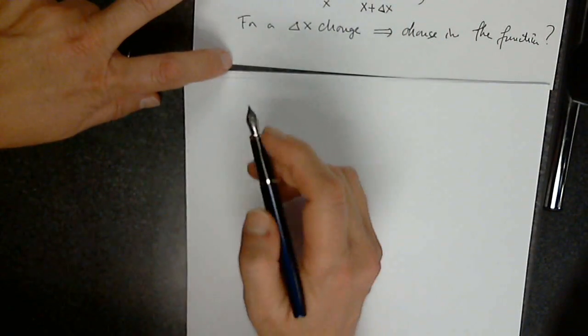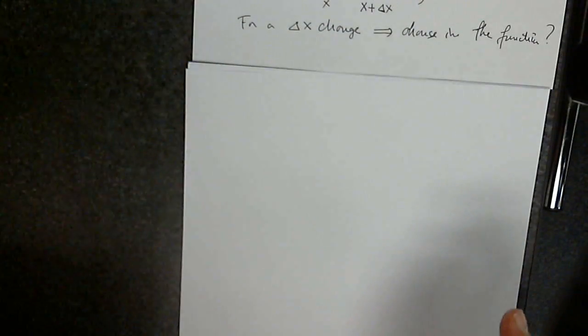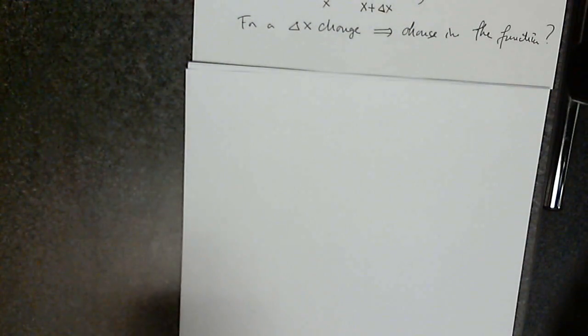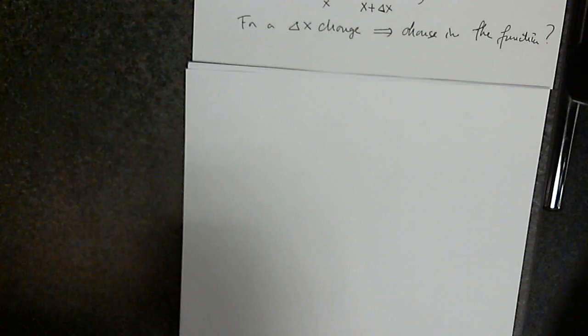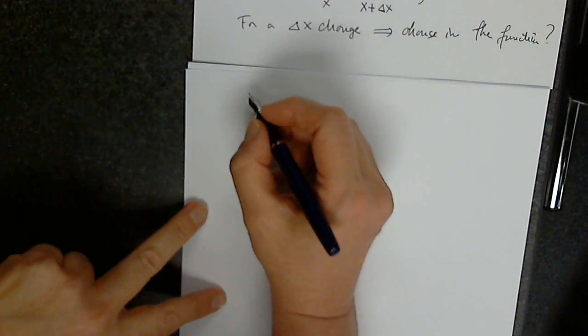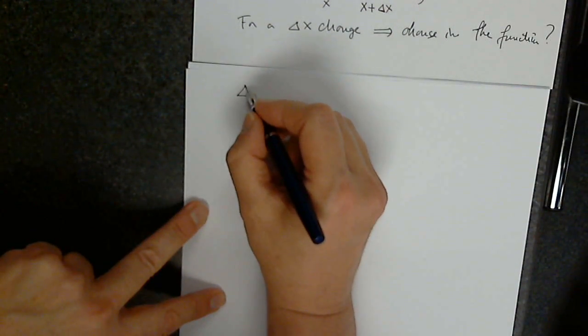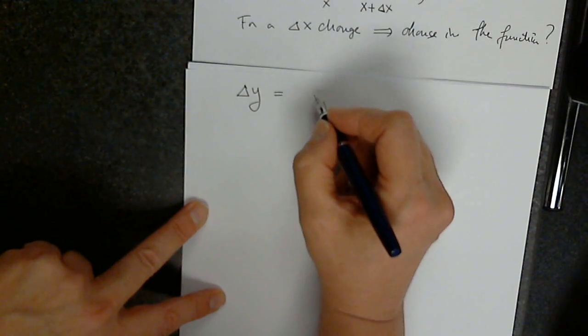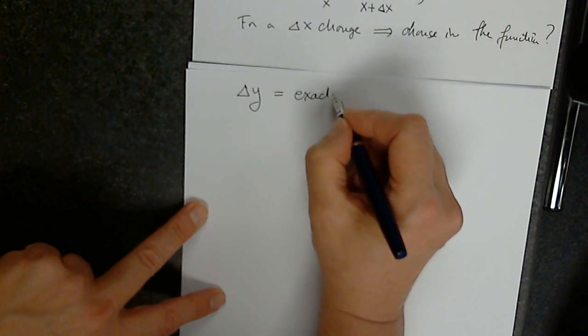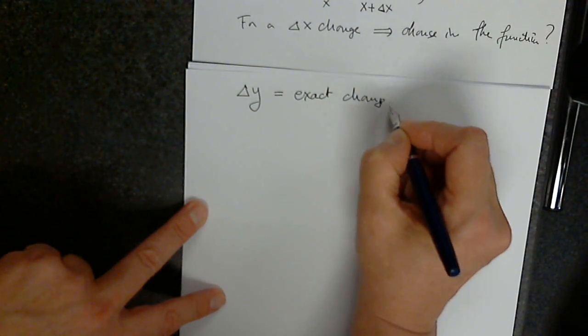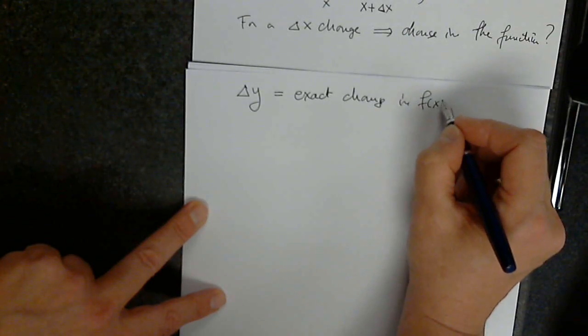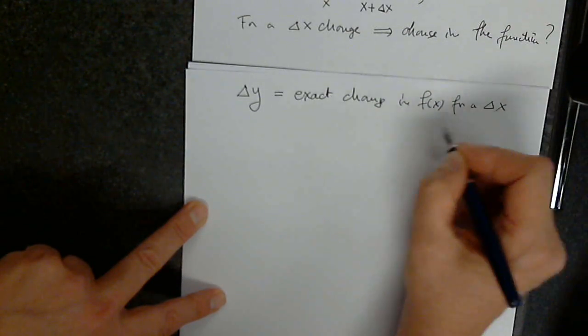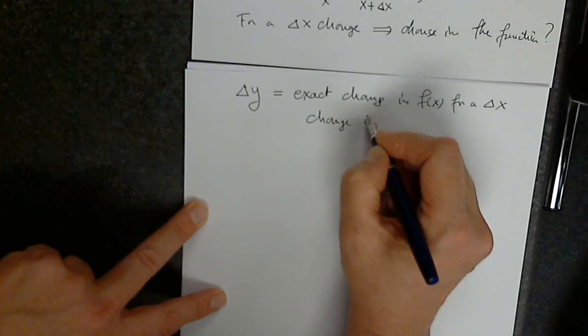So what will be the exact change for a change in x? The exact change in y for a delta x change in x, we will call it delta y. Exact change in f of x for a delta x change in x.